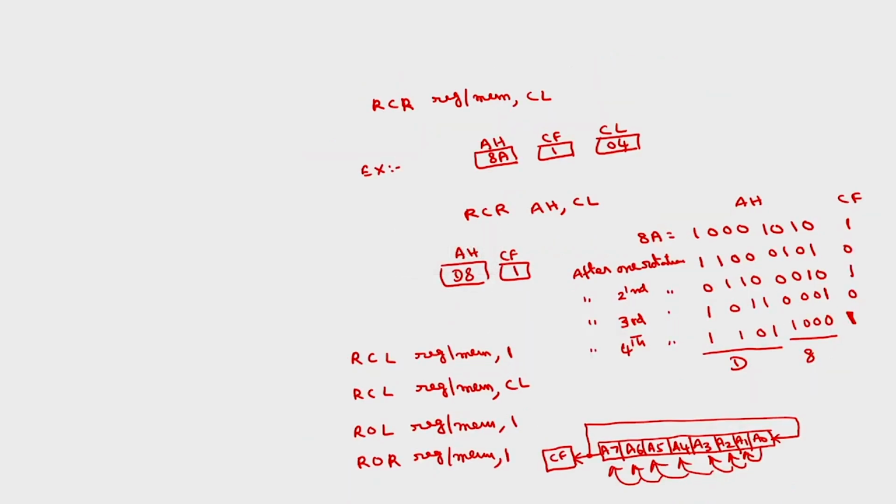We have multiple rotations similar to this, where we can write CL. So, for multiple bit rotation of contents of register or memory, we can write ROL register slash memory comma CL, this is without carry, ROR register slash memory comma CL.